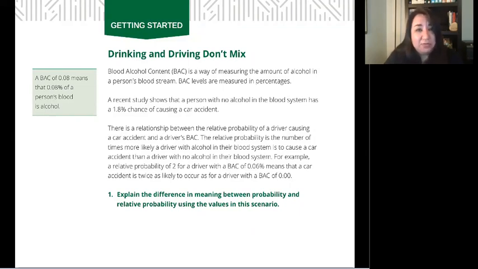So it's not 0%, because there's still some chance we're going to cause a car accident even though we have not been drinking alcohol. But what we really want to investigate is, as the person's blood alcohol content increases, how does the probability of causing a car accident increase?